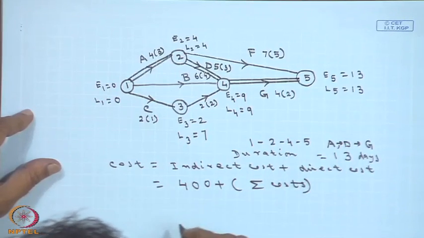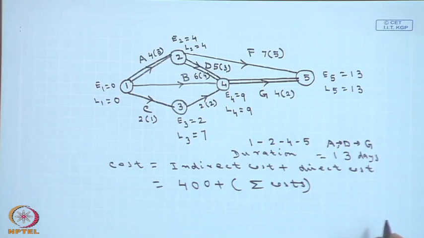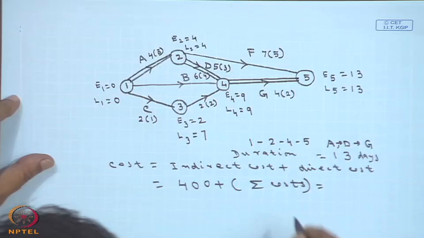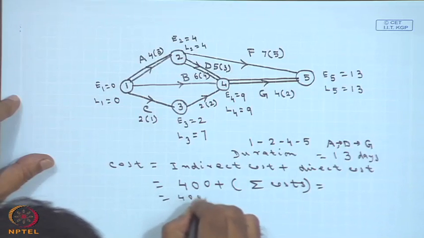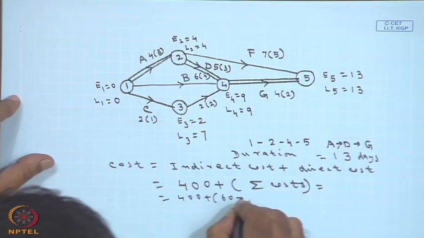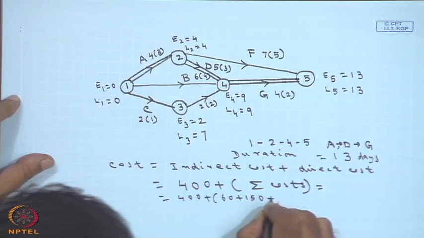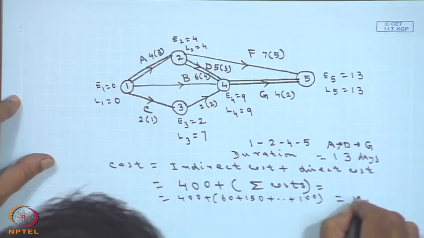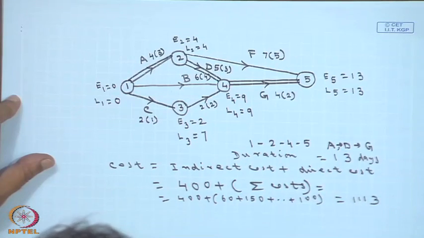That means, if you go to the table, that is 60 plus 150 plus 38, the summation of the normal cost table, going up to 100. This summation I will get 1113.